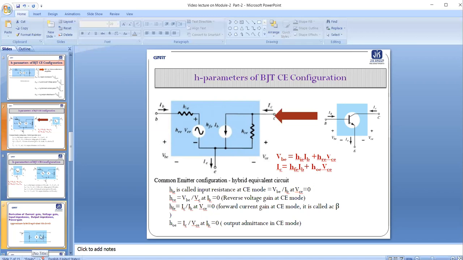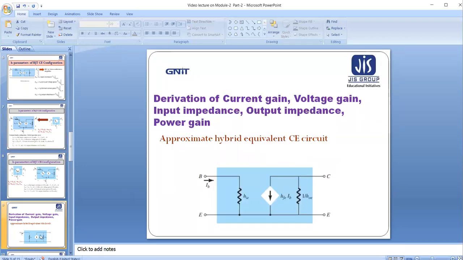So after removal of the voltage source, the hybrid equivalent circuit looks like this. It is a simplified or approximate hybrid equivalent common emitter circuit. The student will see that at the input terminal, the base, only the resistance HIE is present, because HRE into VCE has been removed here, and the emitter is the common terminal.